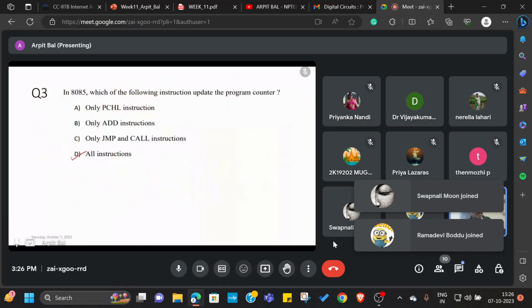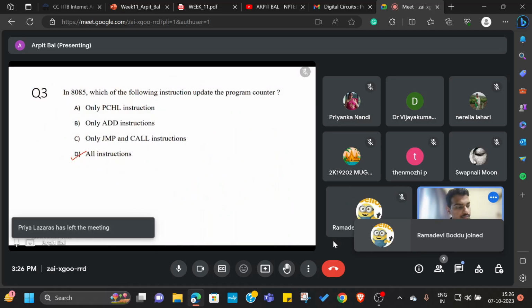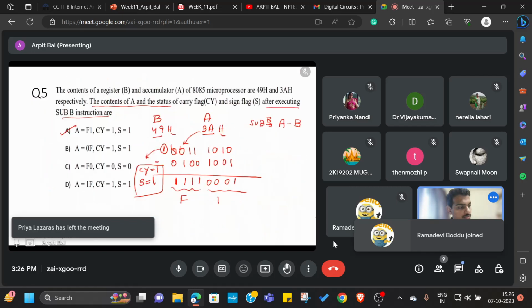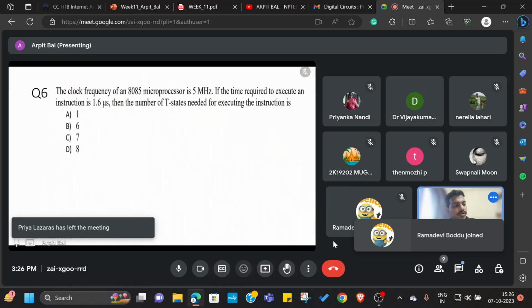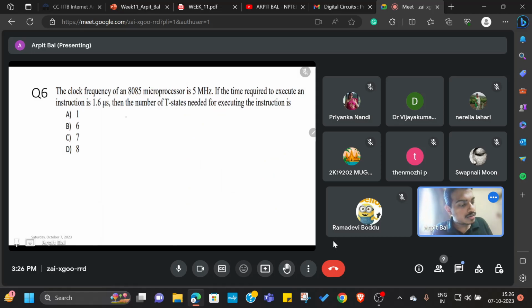The total time taken is equal to the number of T states times 1 by f clock, the frequency of operation.